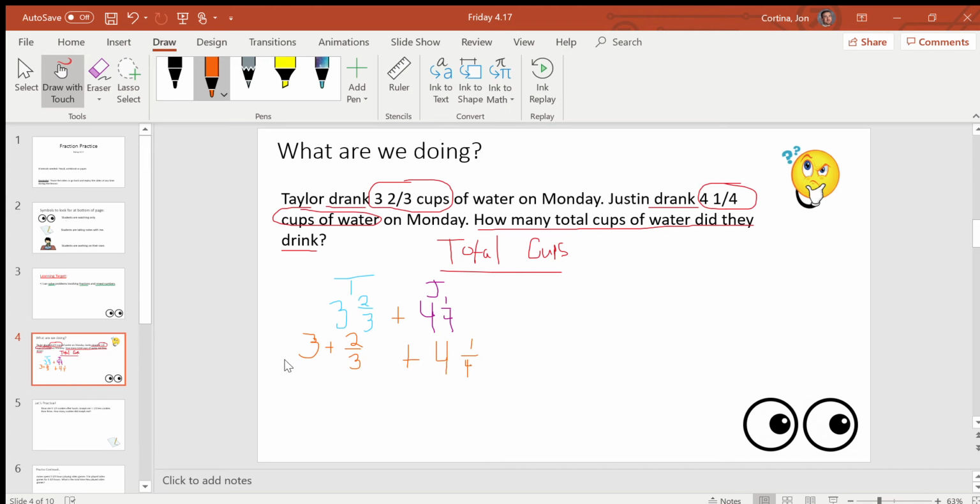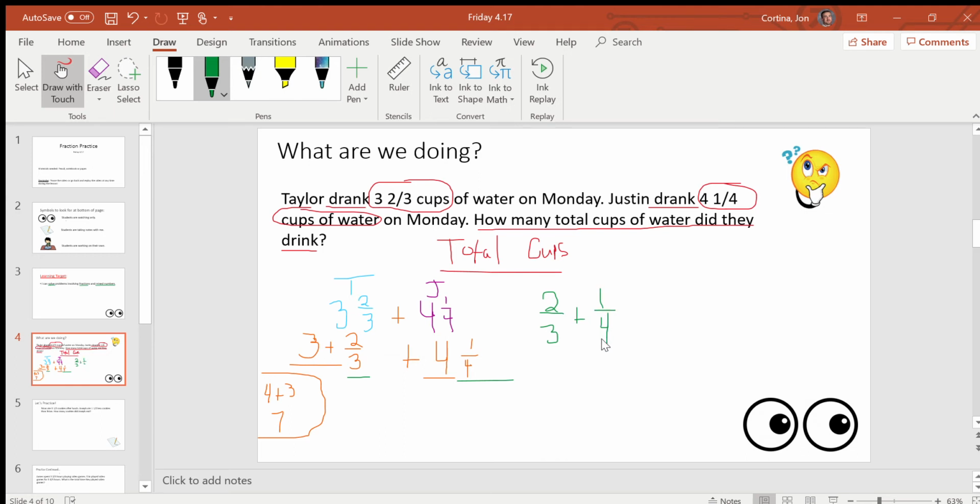We're going to start by adding our whole numbers. We have 4 plus 3 gives us 7. Okay, hold on to that piece of information. We're going to need that later. Now we're going to look at our fractions. We'll do this over here so we have a little bit more room. We have 2/3 plus 1/4.